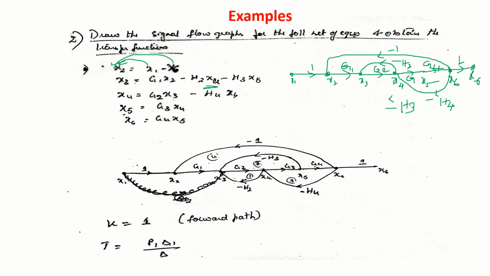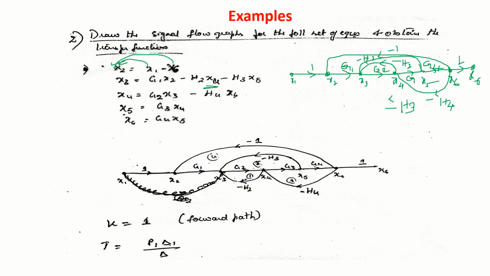X4 to X3, I've done X4 to X3, fine, correct. X5 to X3, yes. I think it is correct. This is minus H3. Okay, only thing is I have drawn this way, like I flipped here.